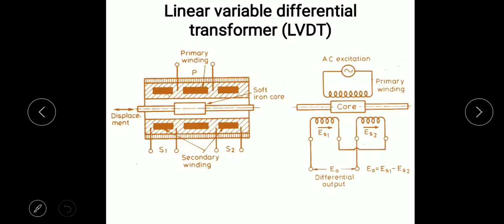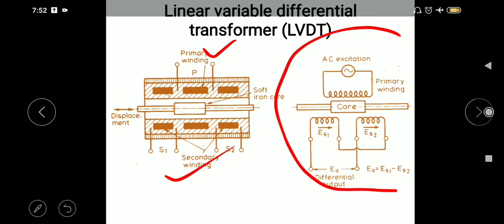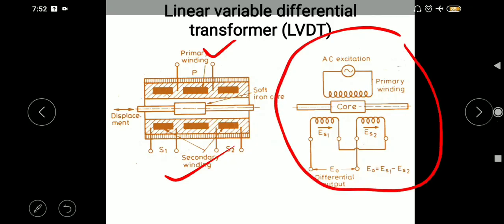Now we will discuss the second type, that is linear variable differential transformer, which consists of a core at the middle that moves due to the displacement, and you can see a primary winding and two secondary windings. The schematic diagram shows the working of an LVDT.